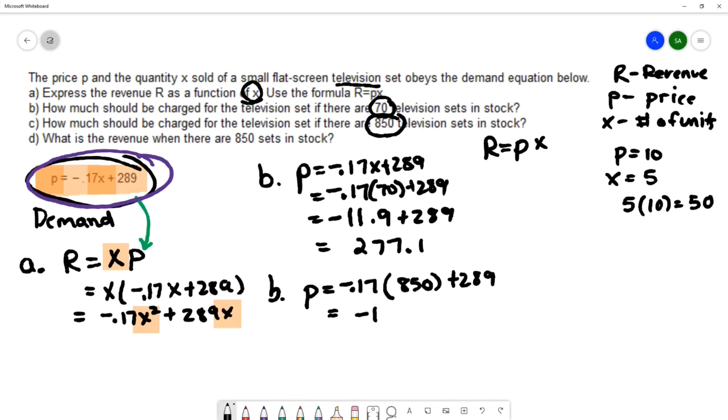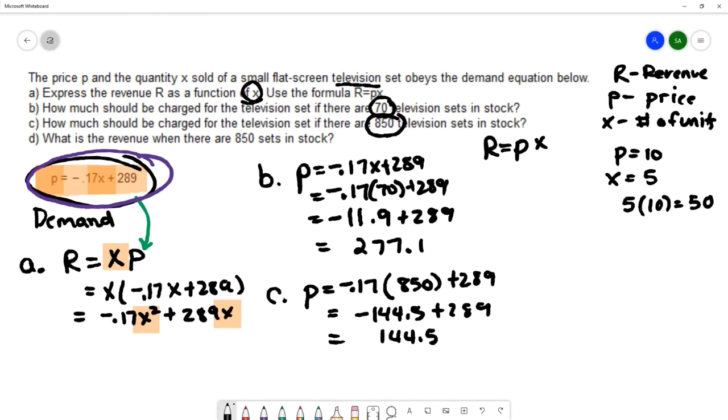That's negative 144.5. And we're going to add 289 to get 144.5. So if we have 850 television sets in stock, we can set a price of $144.50. And I apologize, I wrote B here, that's actually C.